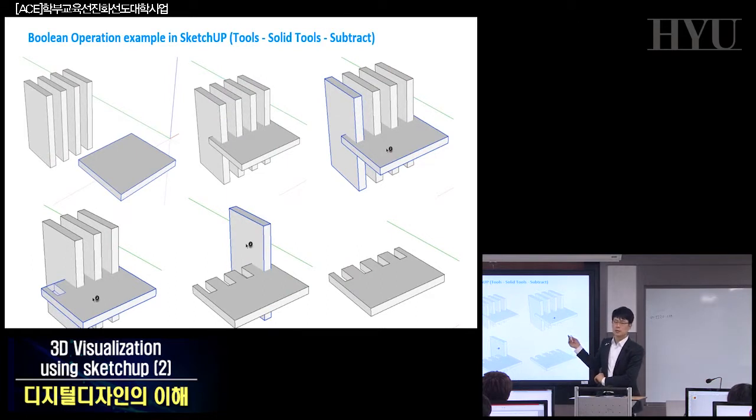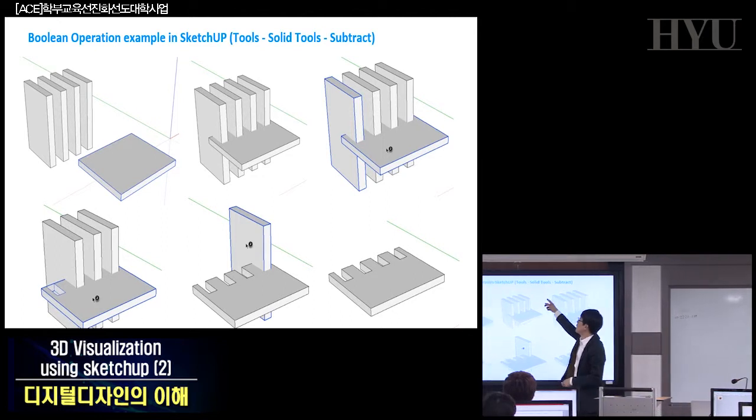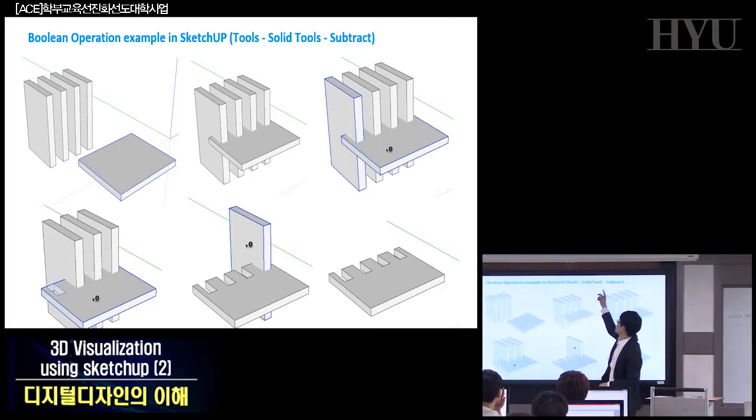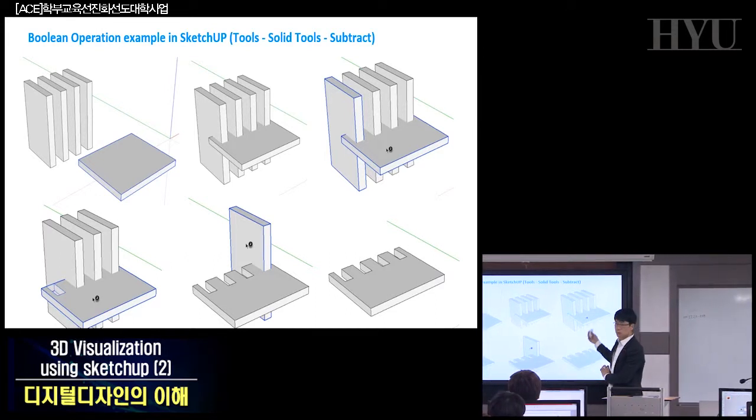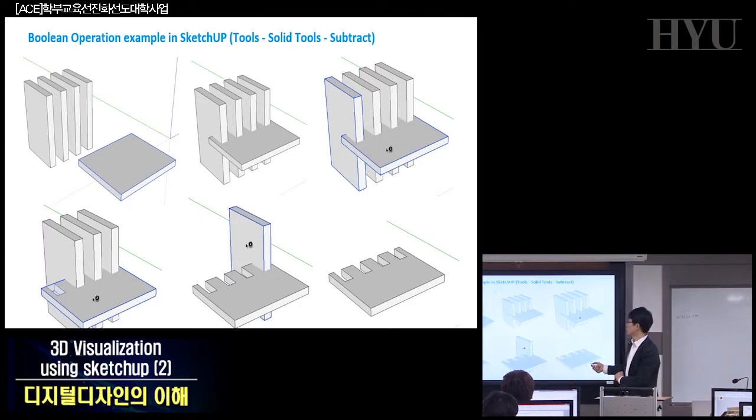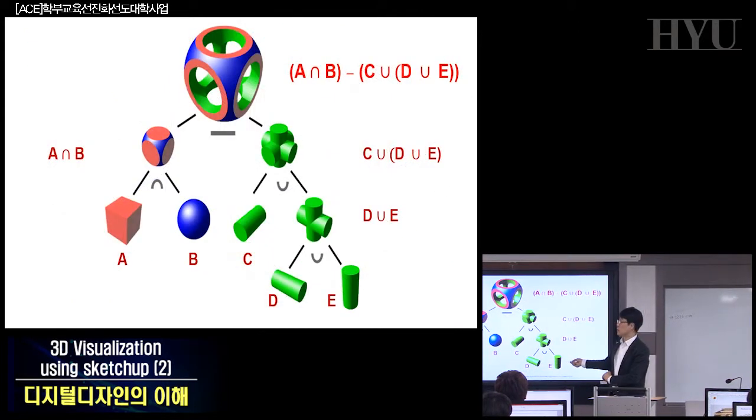As we discussed before, SketchUp is non-solid. I mean, it's a surface-based model. But thankfully, it supports some solid tools. Among the tools, there is one named Solid Tools, and we can use subtract, union, and some additional operations.